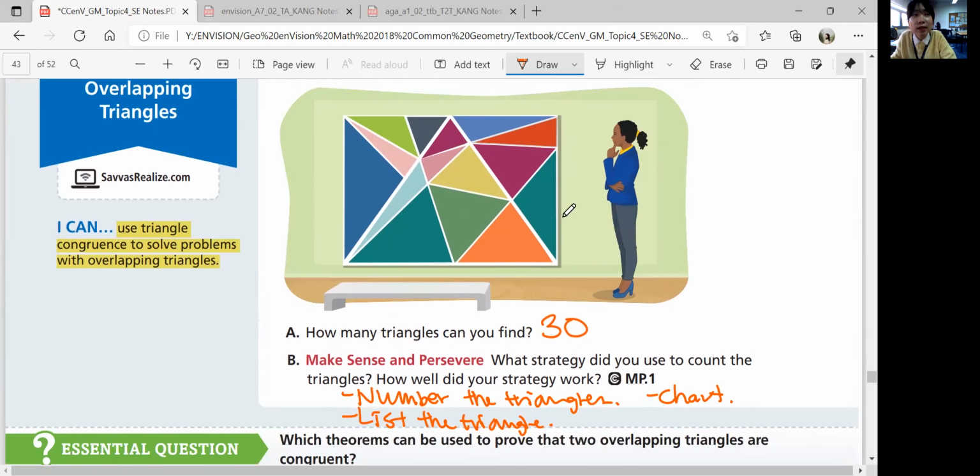Okay, so if you count the triangles that don't have any overlap, that's 15. And then you can count triangles that have 2 triangles overlapping, and then 3 triangles, 4 triangles, and then you can keep track of how many triangles you have, right?